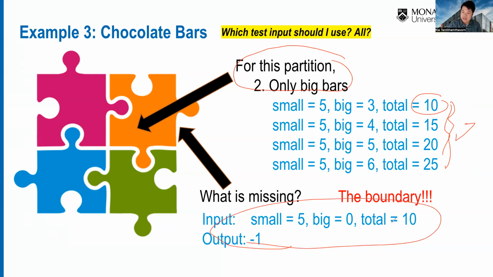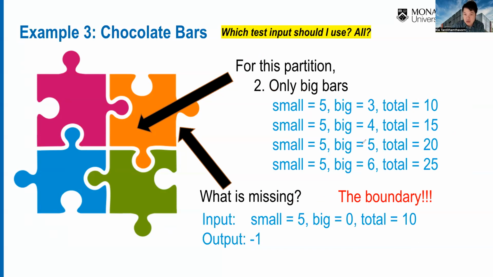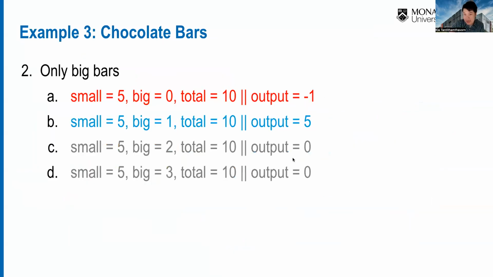For example, we want to make 10 kilograms of chocolate, but we don't have enough big chocolate bars. We only have small ones, so we cannot make anything. That's why we should use boundary value analysis to test the boundary.